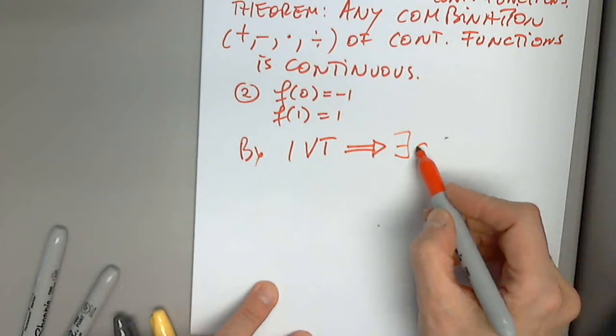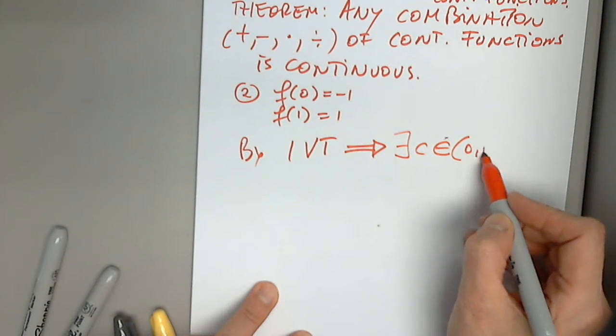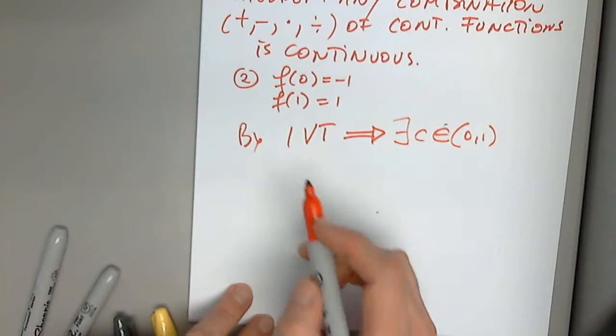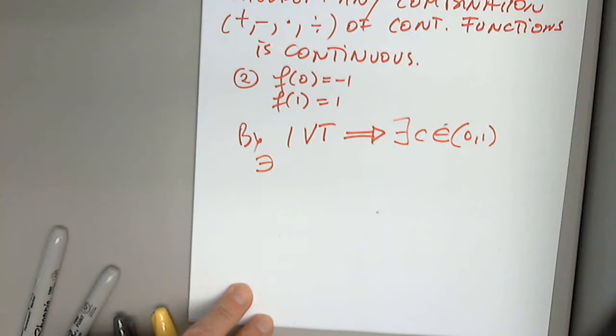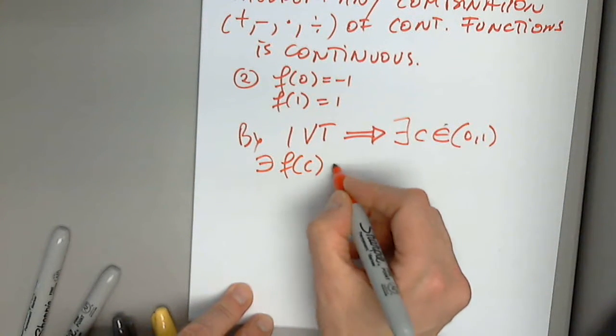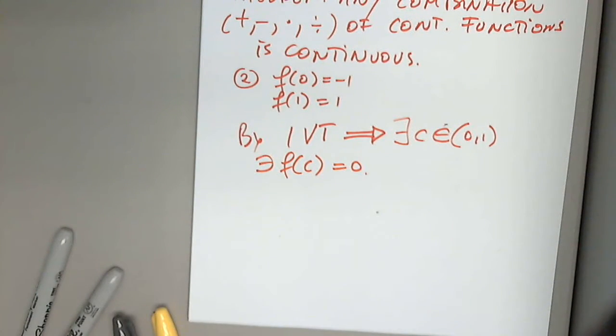Exactly, that there exists a C in the open interval 0, 1 such that f of C is 0. It's guaranteed. We don't have C. C is not determined with IVT.